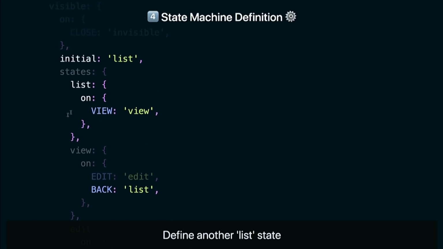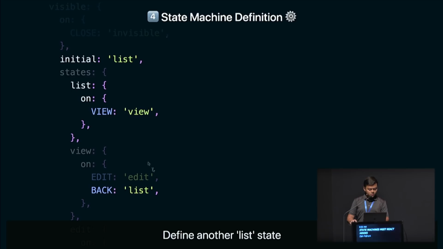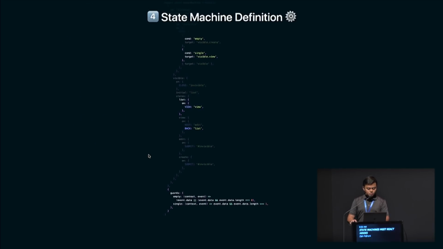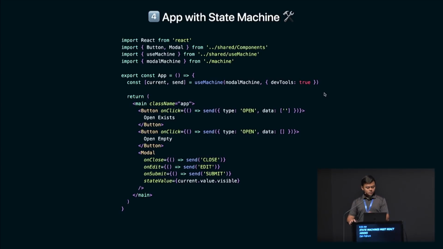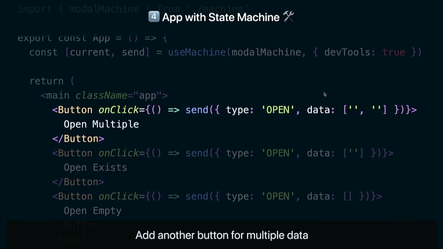Then define another list state with any actions interacting with it. So here is our new state. We have a new open event state with a different condition, but now it's with a proper name. If it's empty, then it goes here. If it's single, then it goes here. If it's neither, then it goes to the state which is initialized to this. Now just add another button with the open event.